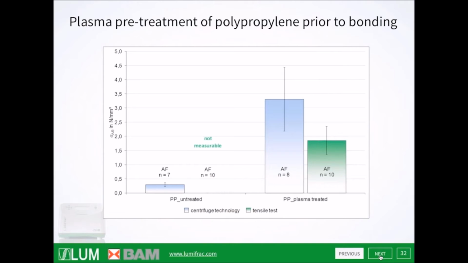Such low values cannot be measured in a tensile testing machine because the bonding fails during the clamping procedure because of the shear forces. With optimized cleaning and additional plasma pre-treatment, bonding strengths can be increased by a factor of 10, now also measurable in a tensile testing machine. Again, shear forces yield remarkably lower bonding strength values in that case.